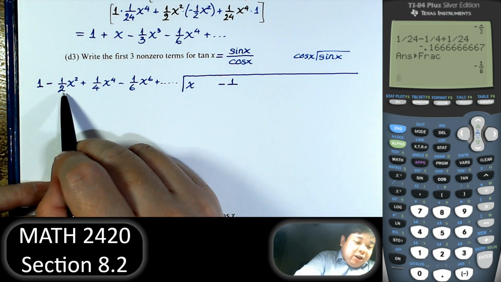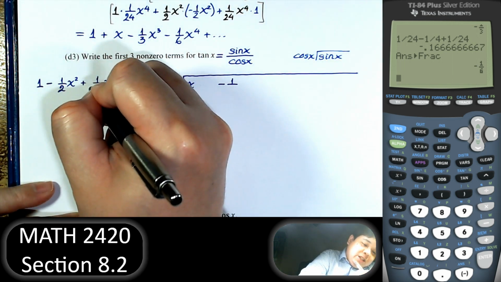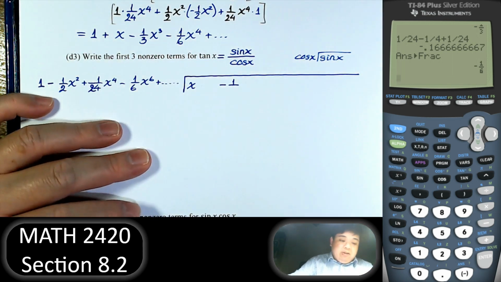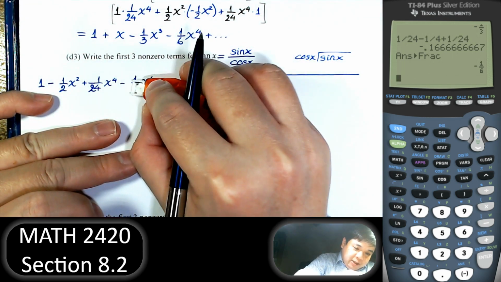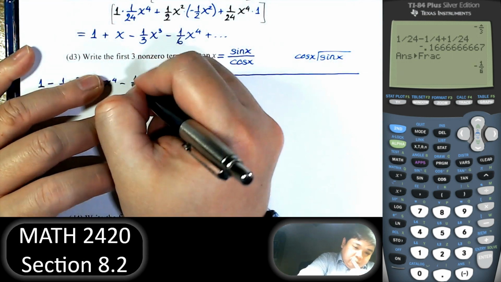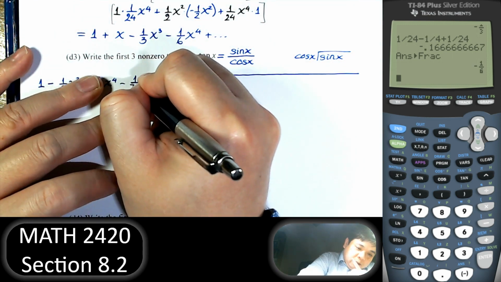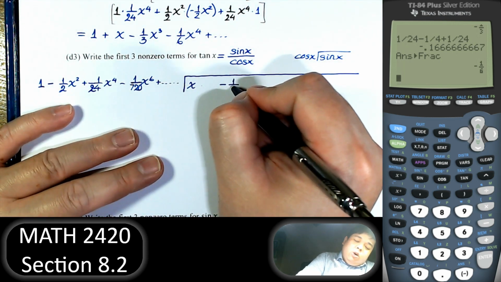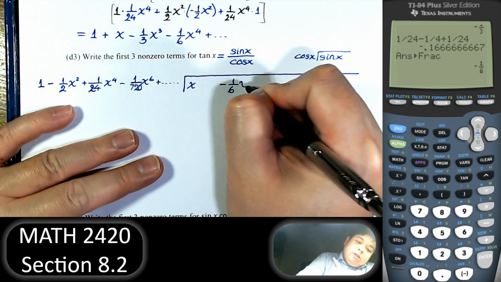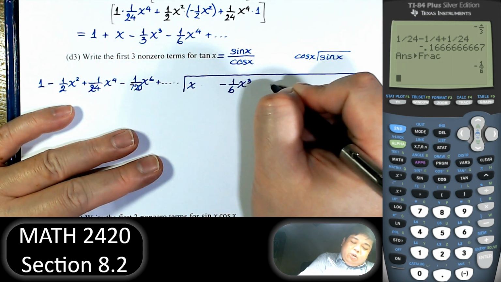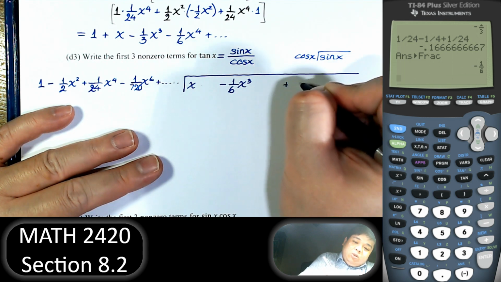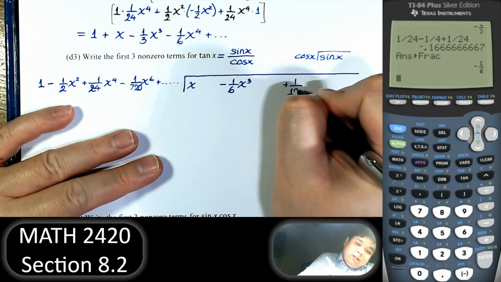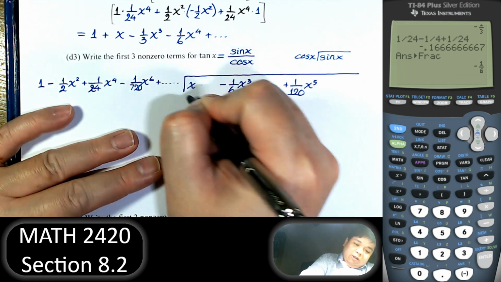Sorry, 2 factorial is 2, 4 factorial is 24, 6 factorial is 720. So minus 1 over 3 factorial x cubed, and then x to the 4th there will be none, and then x to the 5th will be 1 over 5 factorial, 120, x to the 5th.